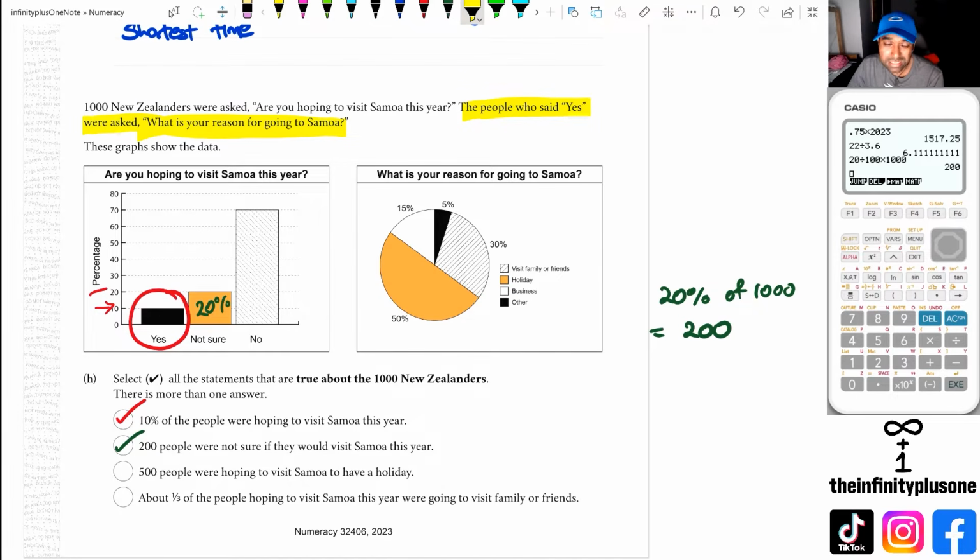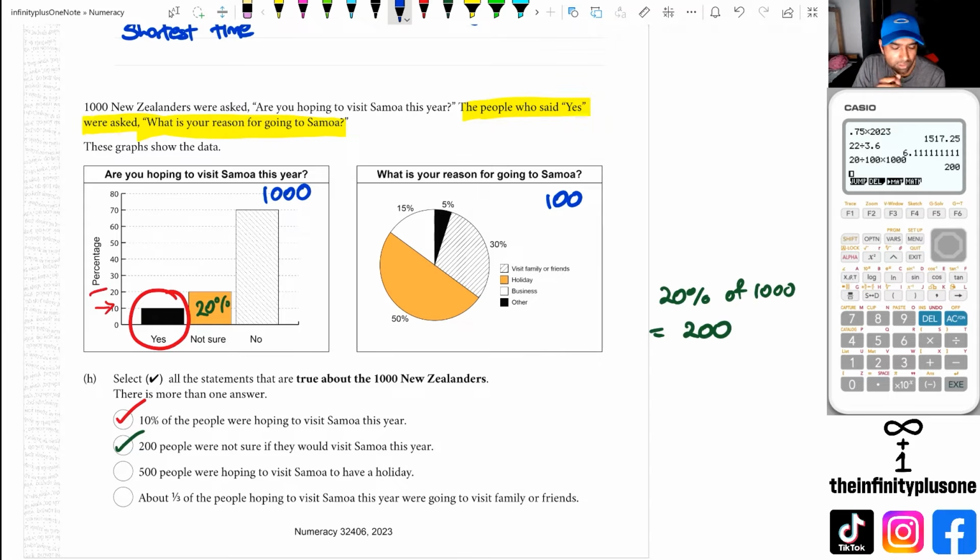That means only 10% of the people responded with their reason for going to Samoa. So we had 1,000 people, but out of the 1,000 people, only 100 people said yes, and the pie graph is for the 100 people. So the third bullet point, 500 people were hoping to visit Samoa to have a holiday.